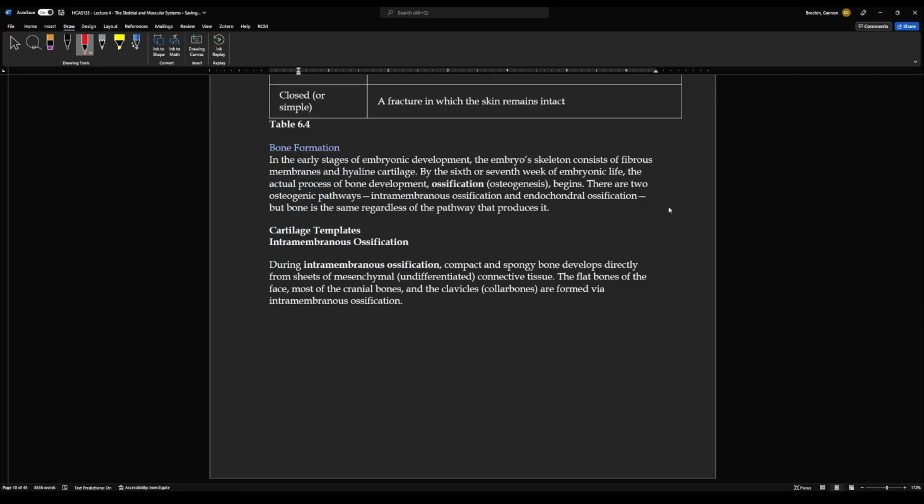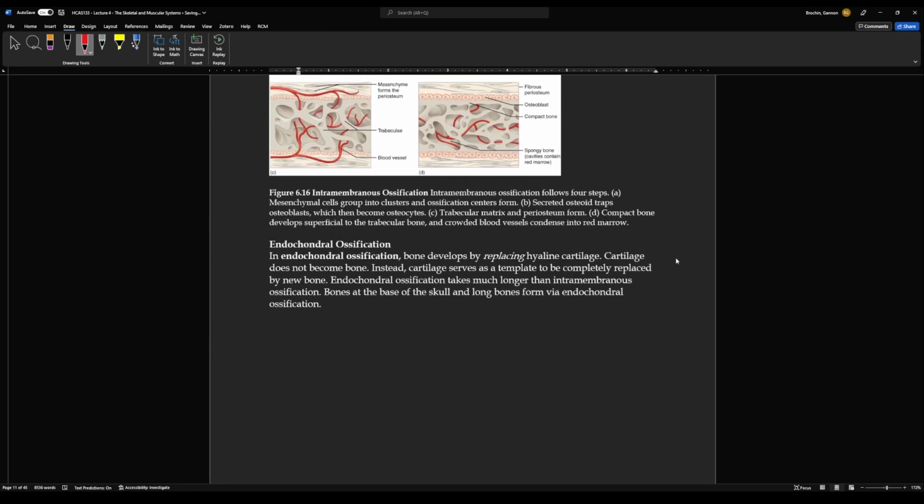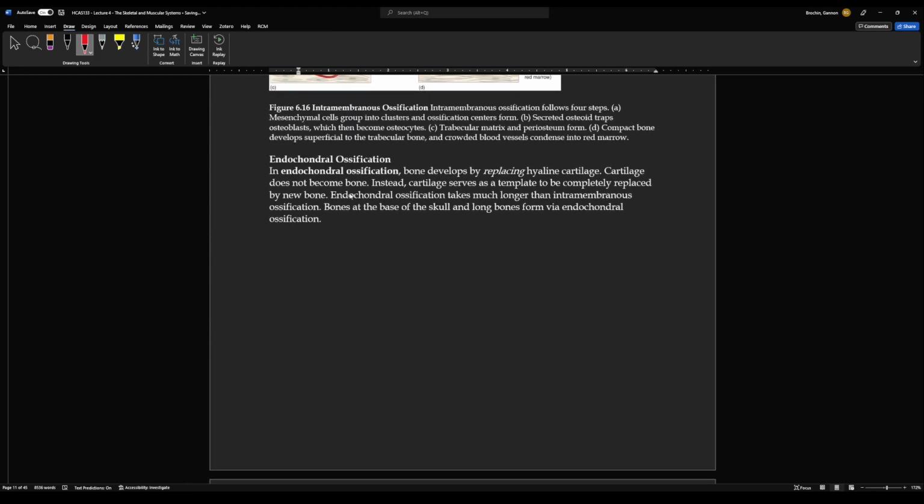So bone formation. We have two main types of bone formation. There is intramembranous, and there is via the epiphyseal plates. Regardless, bone typically follows a cartilage template. So as the cartilage is created, enchondral, by the way, is the epiphyseal plate one.